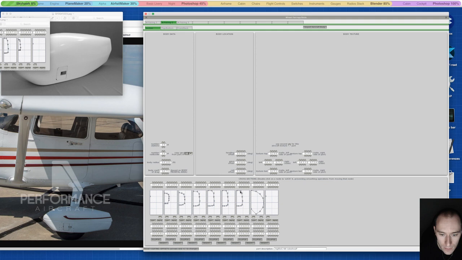Okay. It should be the same level, so this is actually not that pretty.